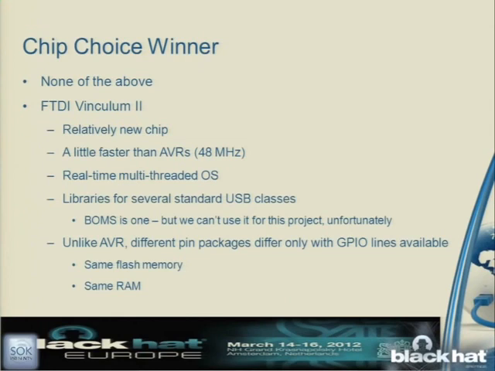About a year and a half ago, they released a microcontroller that was very USB friendly. It's a little faster than the AVR chips, 48 megahertz instead of 16. A little bit beefier development environment. It's got a real-time multi-threaded OS. Comes with some standard libraries for standard devices such as bulk-only mass storage, etc.